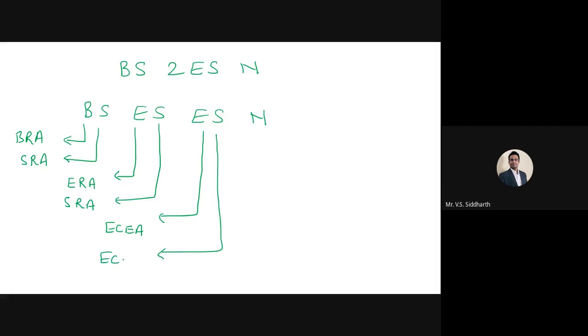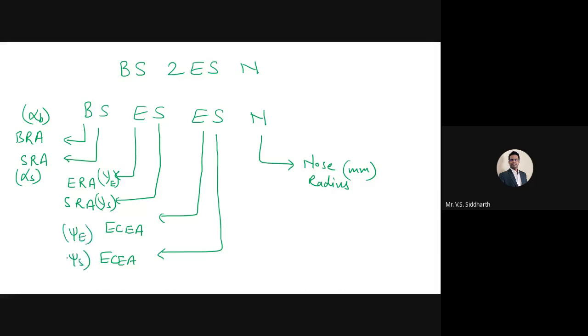Side cutting edge angle. And finally nose radius, which is in mm. What is this angle? Alpha B. This is alpha S, gamma E, gamma S, psi E, psi S. So this is tool signature.